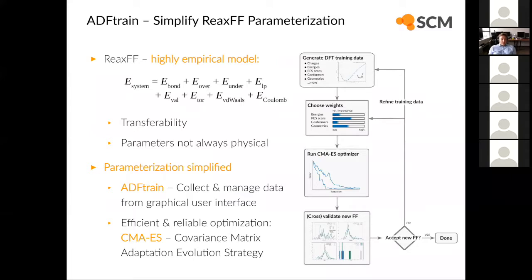In any case, ReaxFF is a highly empirical model, so it relies heavily on parameterization. It has a lot of different individual terms, as shown here. And each of these has a lot of different parameters, and they may not always be physical, so they may just be parameters in a model and not correspond to any physical quantity.